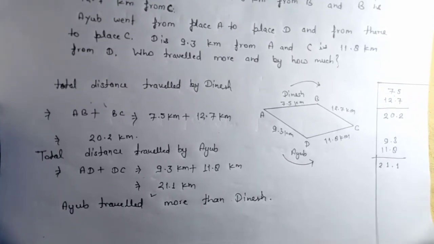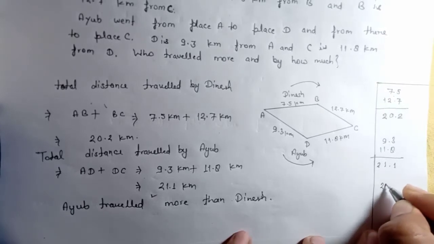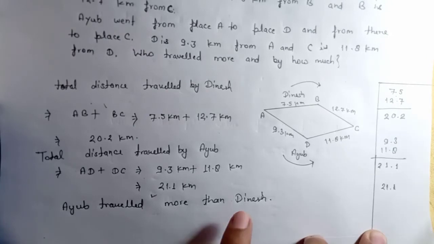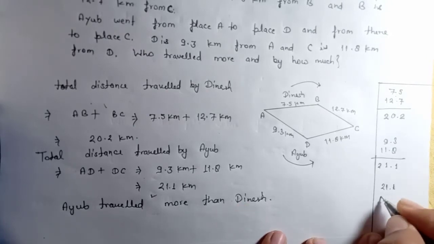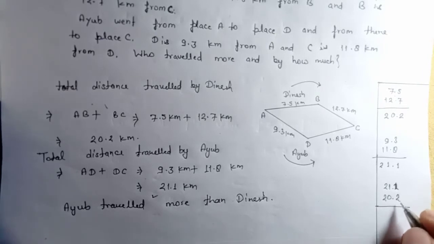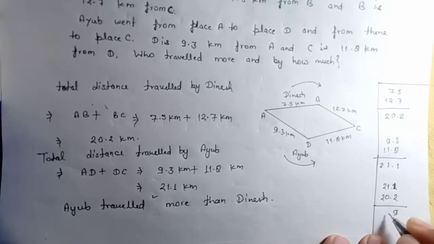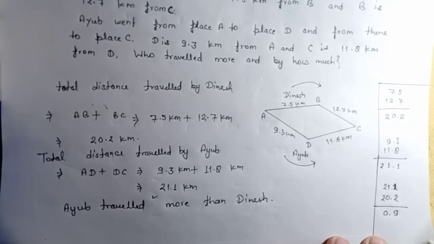And it is said that you have to find how much more distance he travelled than Dinesh. So Ayub has travelled 21.1 kilometer and Dinesh has travelled 20.2 kilometer. When you subtract, you can see it is 0.9 kilometer or 900 meter. You can write this too.